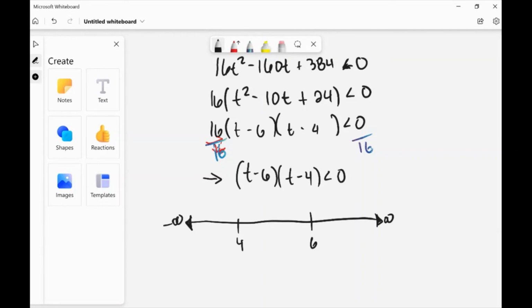Okay. 5 minus 6 will give you a negative number. And 5 minus 4, a positive number. Negative times positive, you're right. Negative.